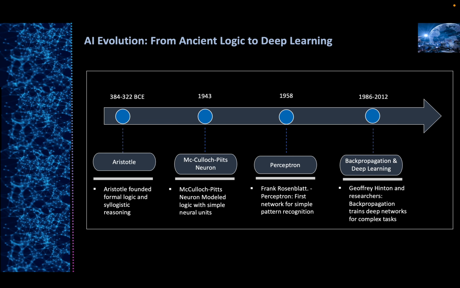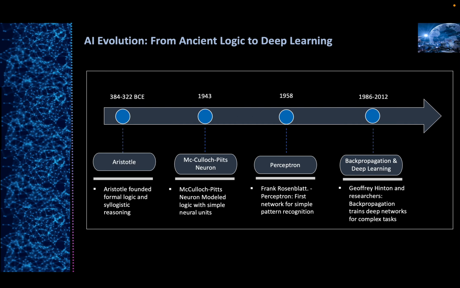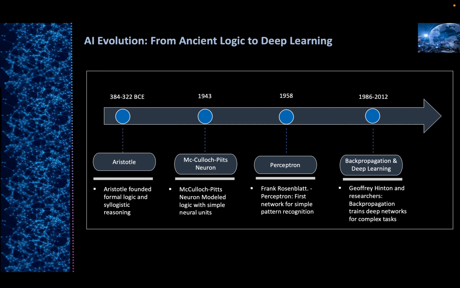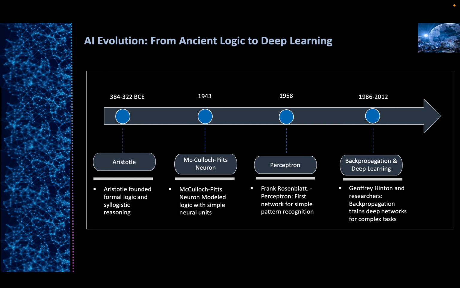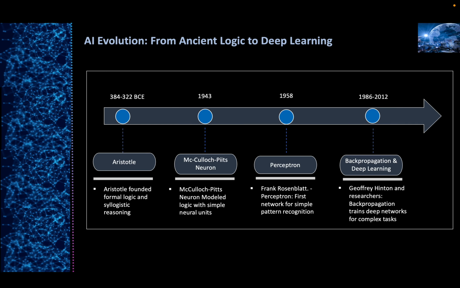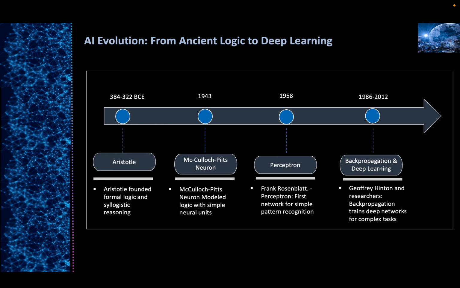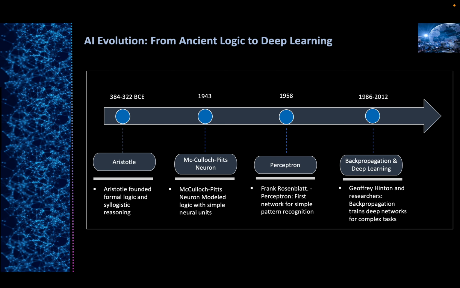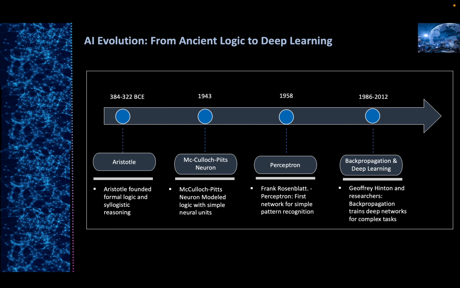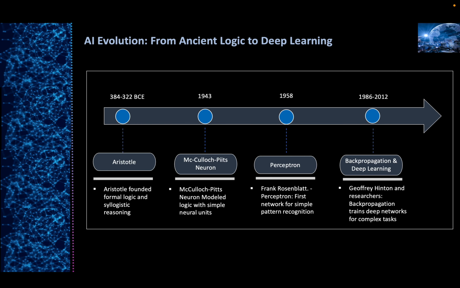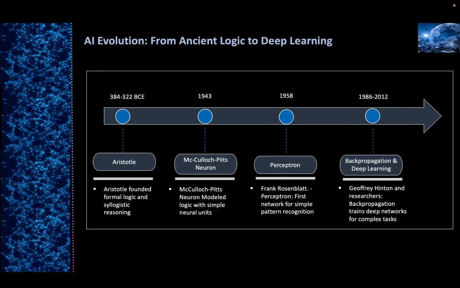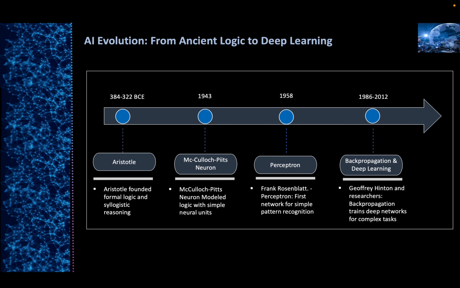Then around 1970, one student from Finland came up with a novel idea of the backpropagation algorithm, and he mentioned his algorithm in his master's degree thesis. But sometime later, in 1986, the backpropagation algorithm was developed by Geoffrey Hinton and fellow researchers specifically for AI models.